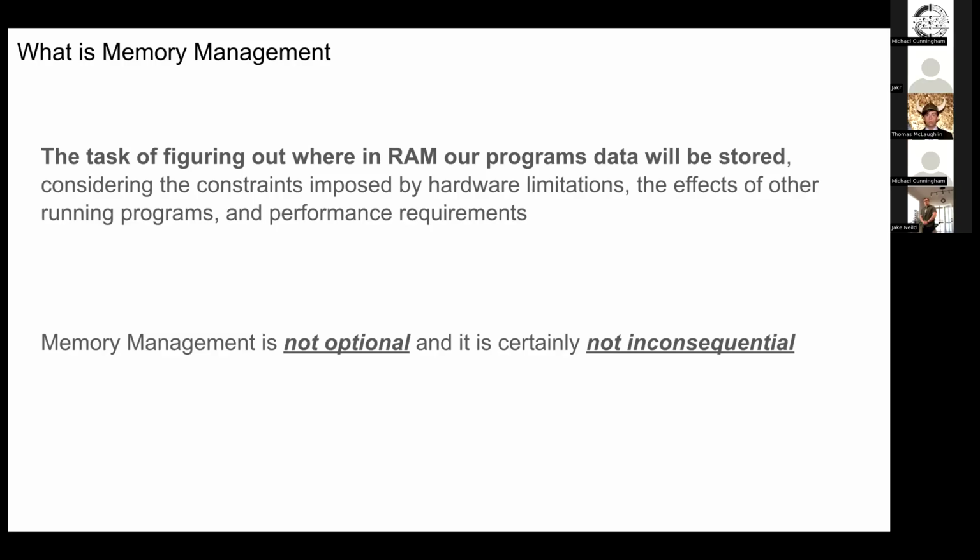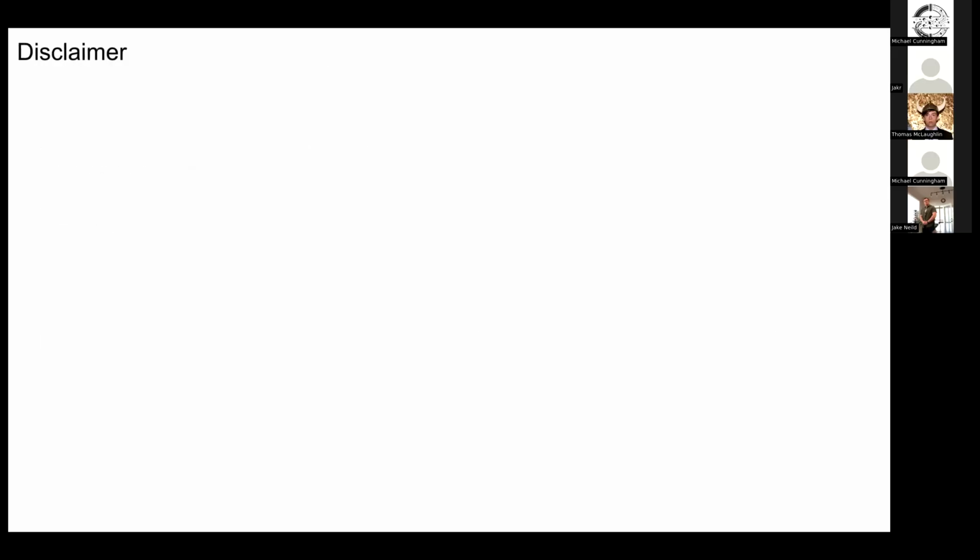So that's the purpose here. We're here to learn approximately what this process looks like to get our program's memory onto RAM. Before we really get deep into it, I'd like to do a little disclaimer, and that is the scope that I outlined at the beginning. From our program to the RAM, we're not going to go over all of that because it's just way too much.